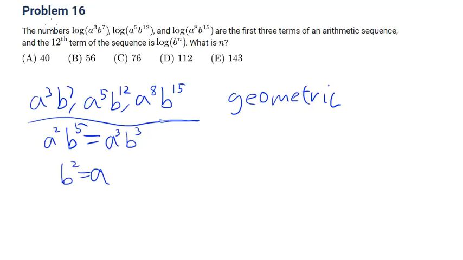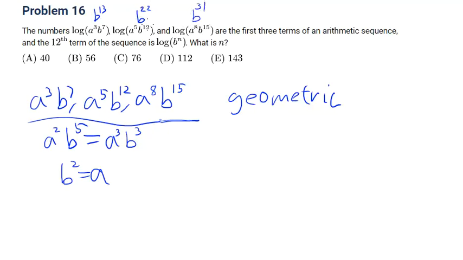So in fact, we can replace all of these a's with b squared. So this will be b to the 13, this will be b to the 22, this will be b to the 31.